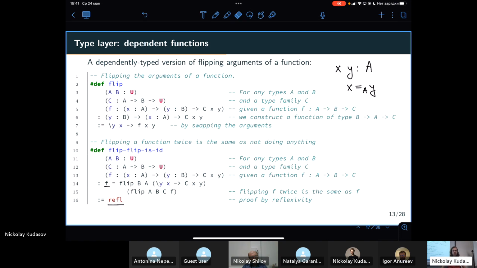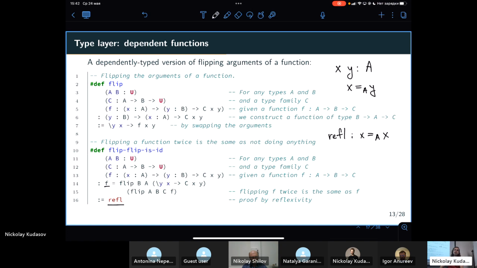And REFL is the only inhabitant that exists for all types. For some types there can be more, but REFL is the only one that exists for all types. Its type is that x is equal to x for any type A and for any element x in that type.